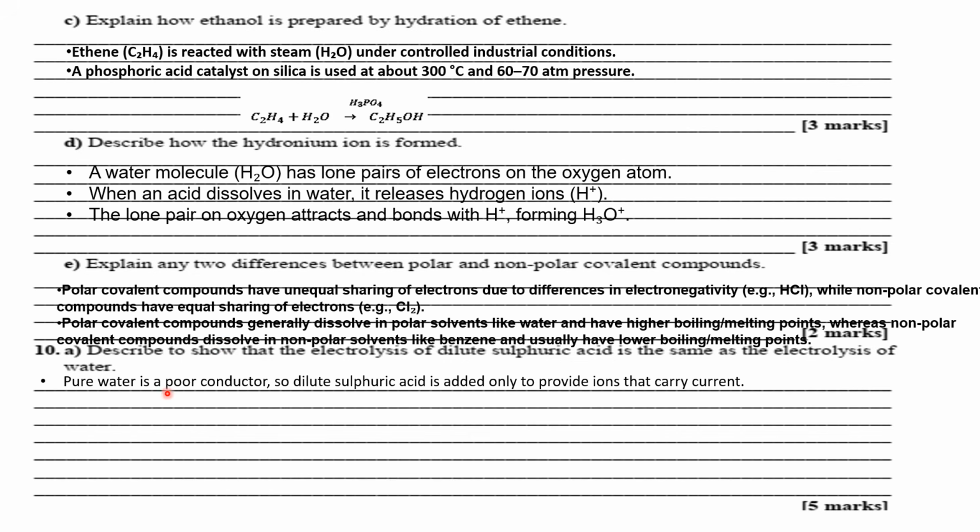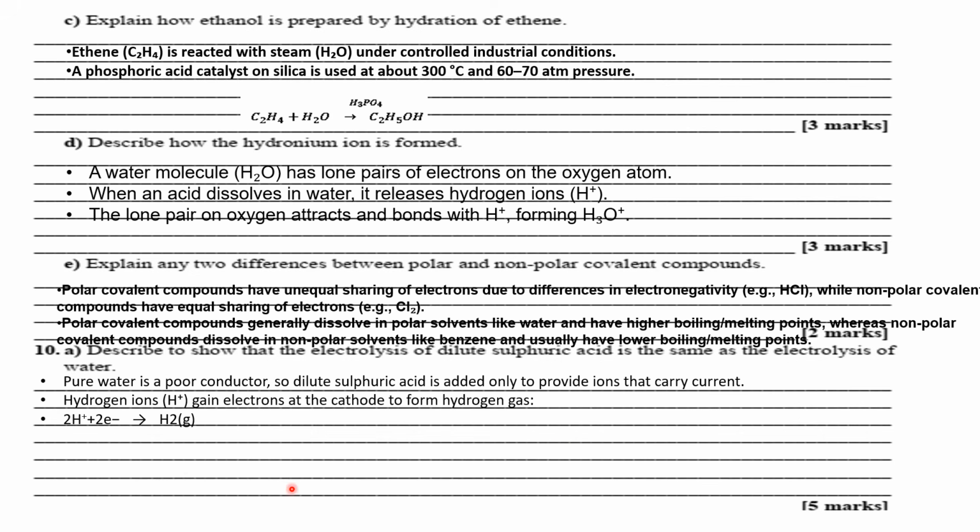So pure water is basically a poor conductor. So dilute sulfuric acid is added only to produce ions that carry current. When you add this sulfuric acid, which is an electrolyte, to water, you have an electrolyte that can conduct electricity. All right, so hydrogen ions gain electrons at the cathode to form hydrogen gas.